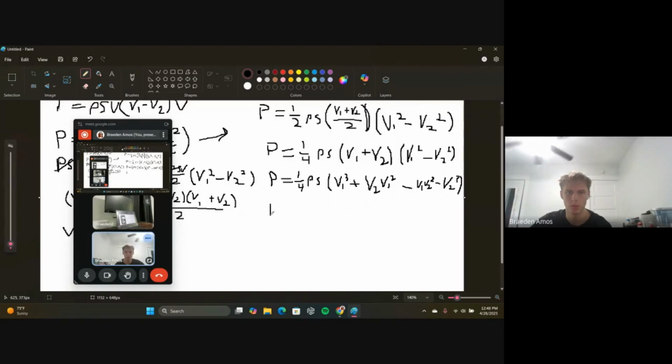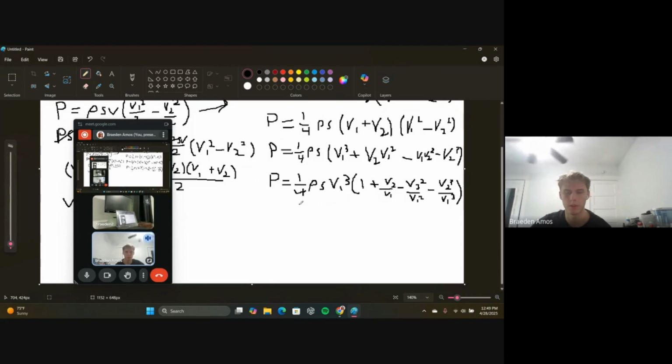So then we get 1/4 rho S times V1 cubed, times 1 plus V2 over V1, minus V2 squared over V1 squared, and then minus V2 cubed over V1 cubed.